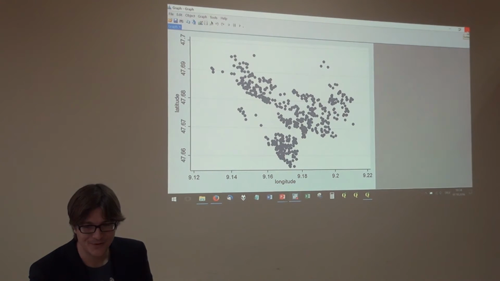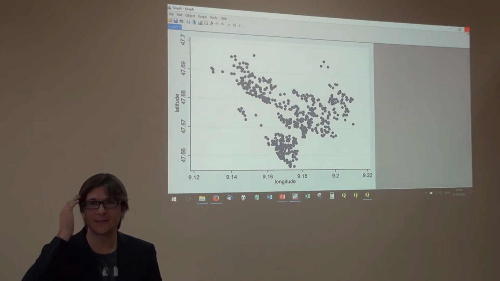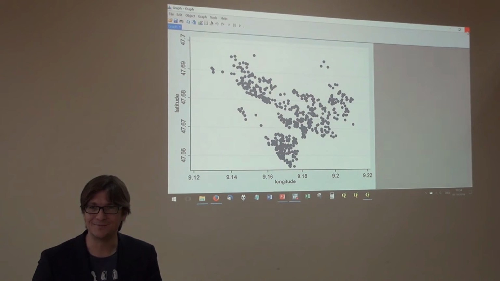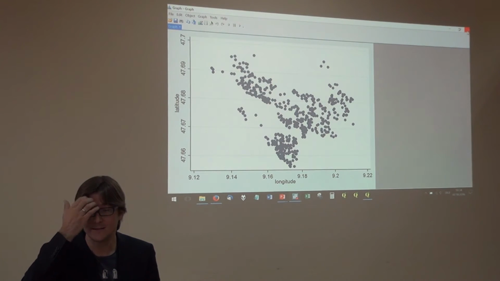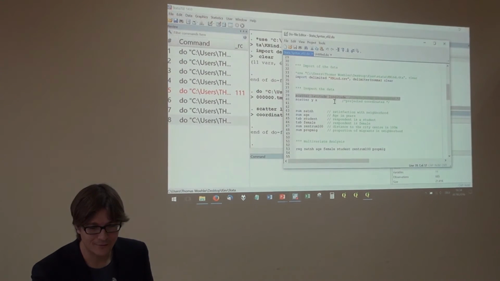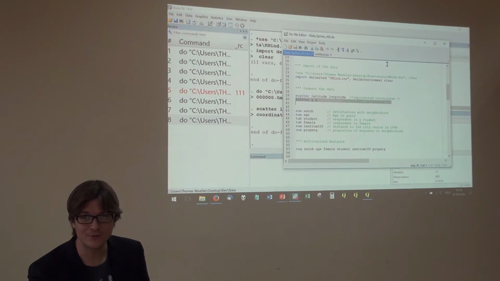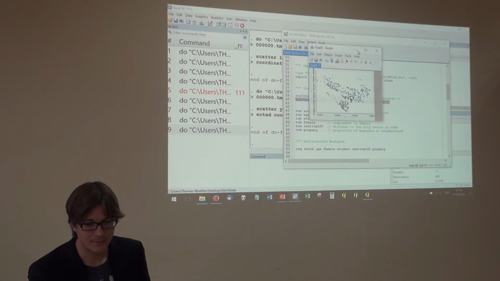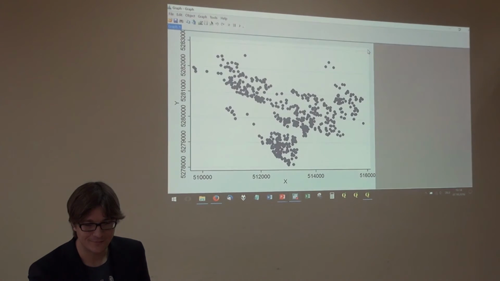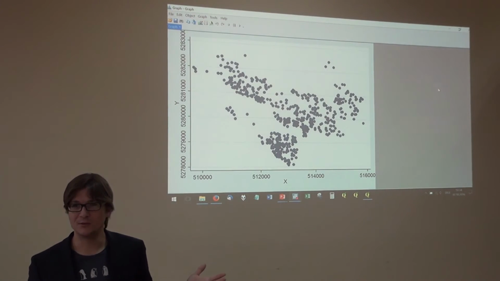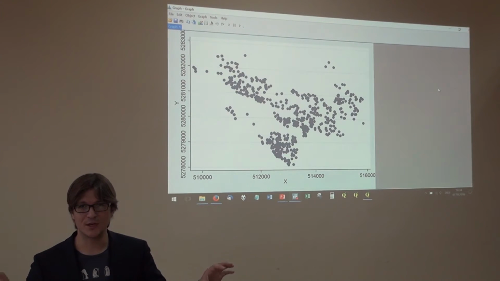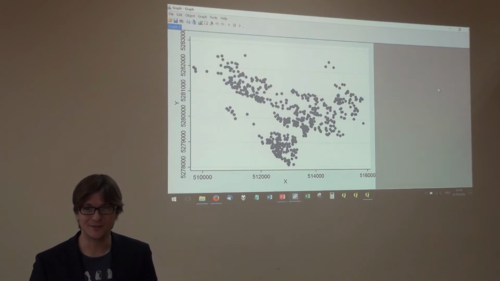And so for our statistical analysis, of course, we need a 2-dimensional space, and therefore I've also included y and x, which are the projected coordinates. When I do a scatter plot of this it looks more or less the same. It's a bit more stretched out, but the proportions are all the same.